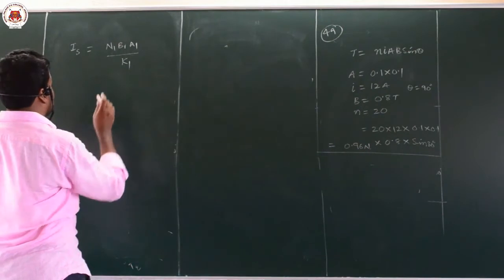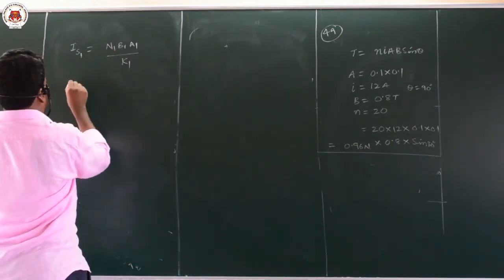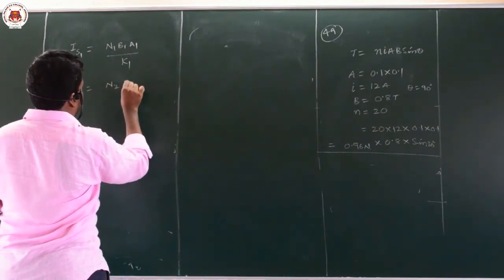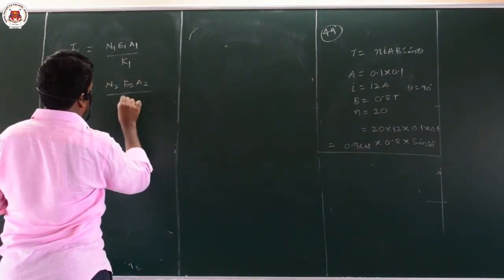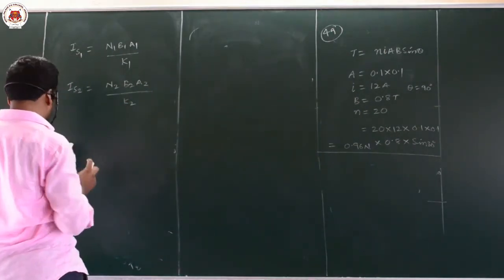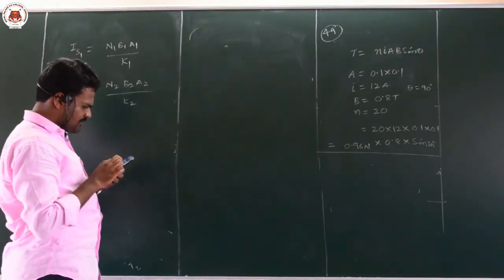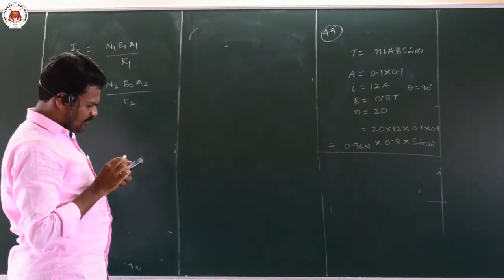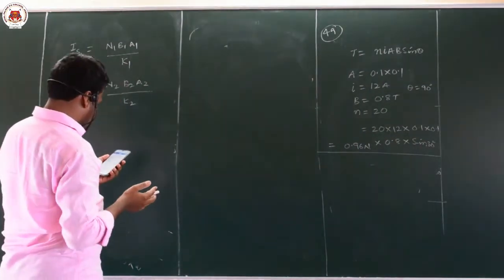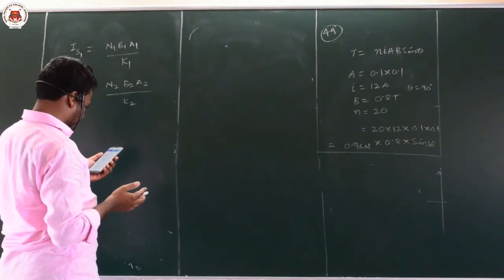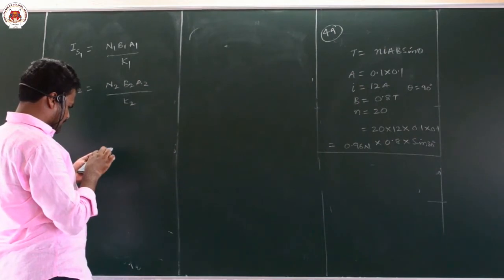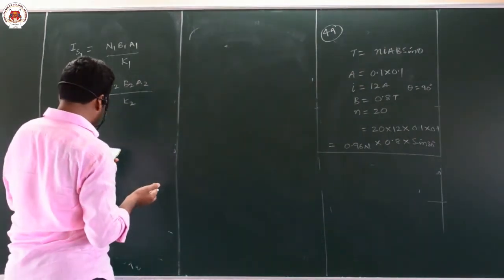Current sensitivity of second coil is equal to N2 B2 A2 by K2. If you divide this, you can see in your textbook he has given all the values clearly. N1 is given as 30, N2 is given as 42.